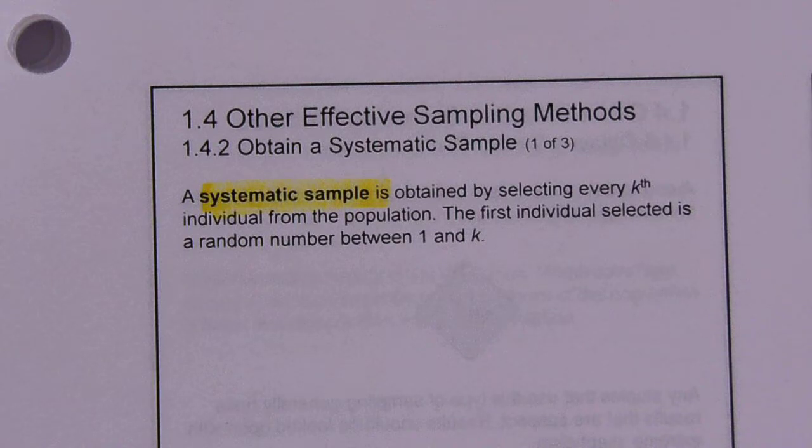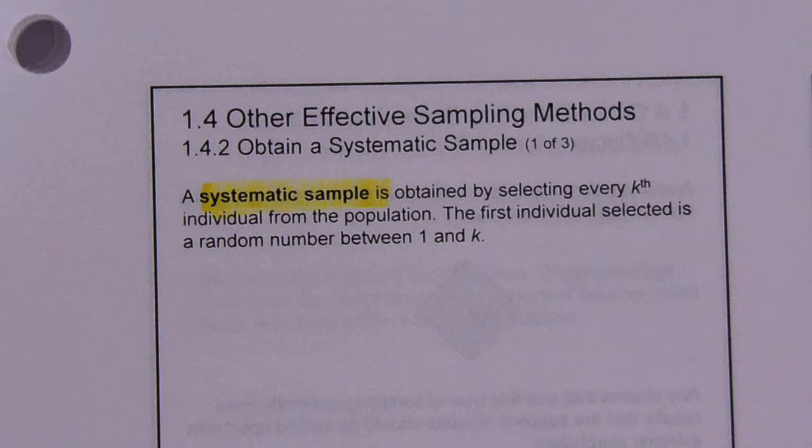So instead, you say, how about we interview every 10th person, but we're going to select a random number between 1 and 10. So maybe we put 1 through 10 in a hat and pull out 3. So we start with 3, and then we do every 10th person. So 3, 13, 23, 33, 43 that are in line as they come in.